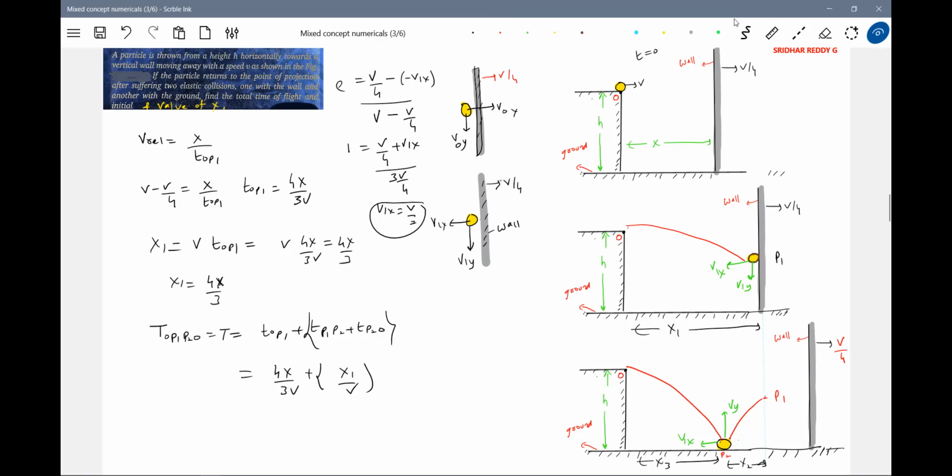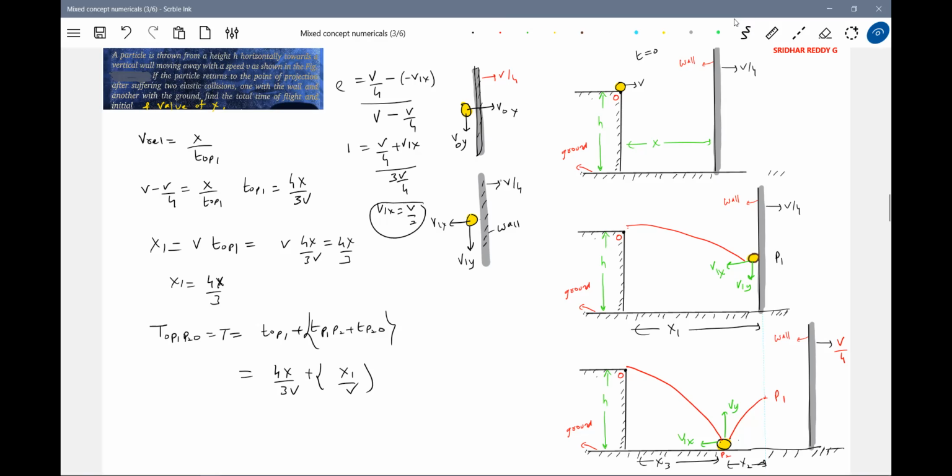You can expect this in the exam. I took a lot of time in explanation, but in the exam, within 4 minutes, I think you can wind up very easily. This is the very important idea of the problem.